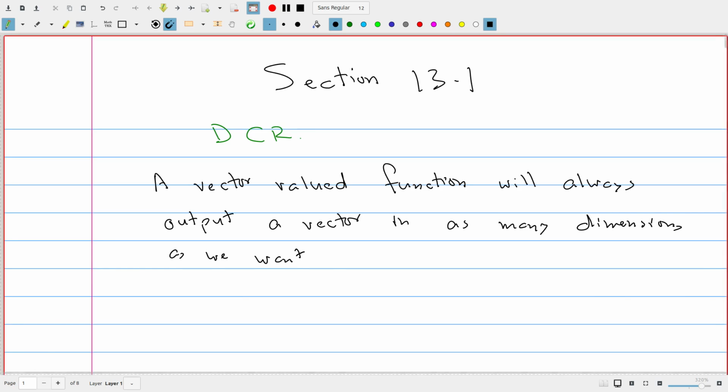However, in this course, we'll be dealing with 2 and 3 dimensional vectors only, mostly with 3 dimensional vectors.